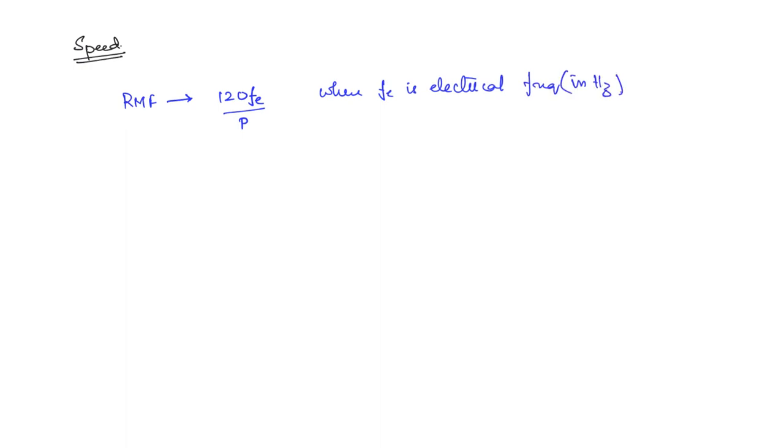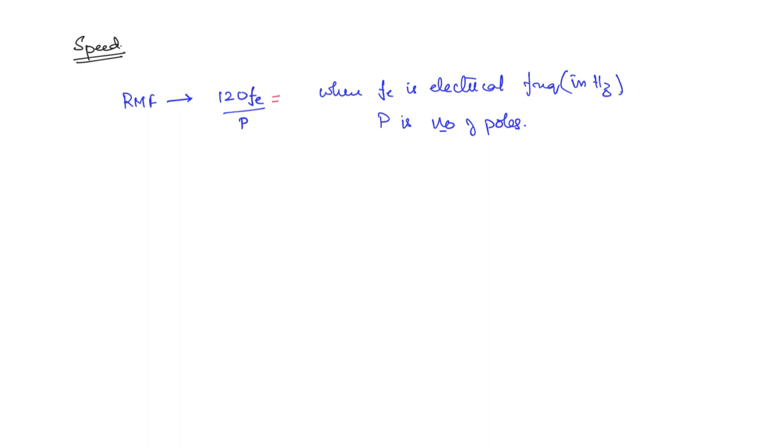This is the electrical frequency of the stator currents. And what is P? Is number of poles. Do these poles actually exist? No. They are just representation of the rotating magnetic field.